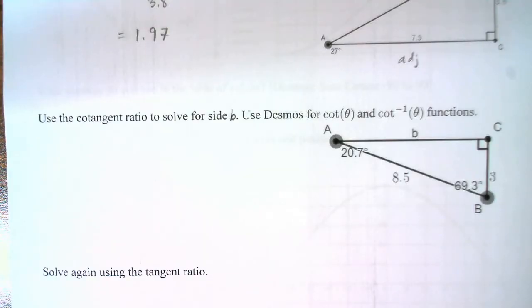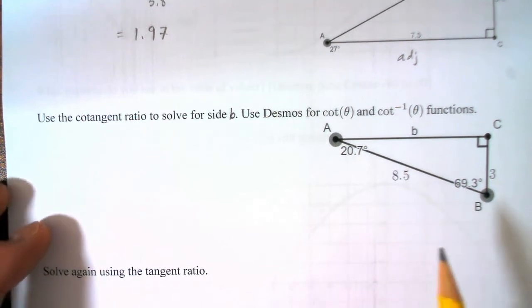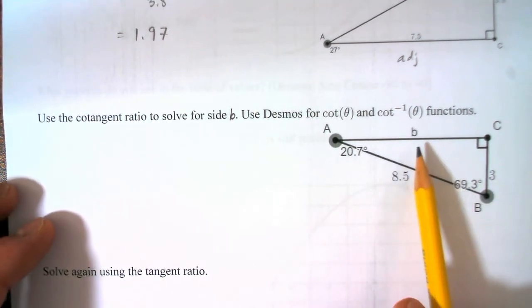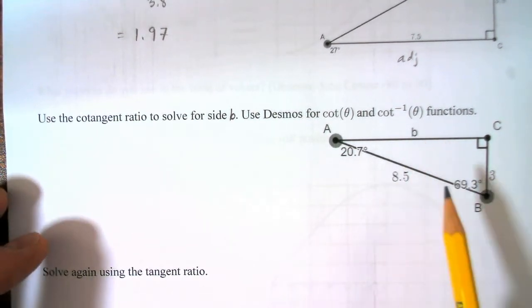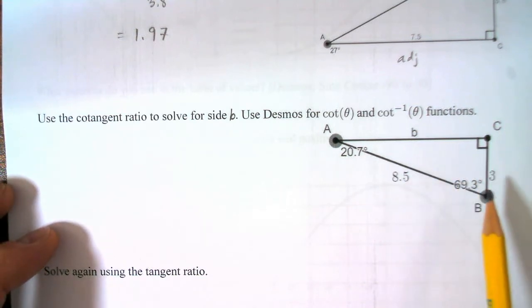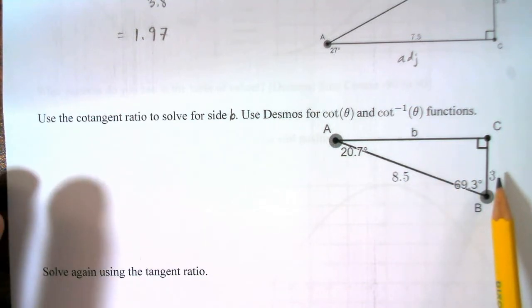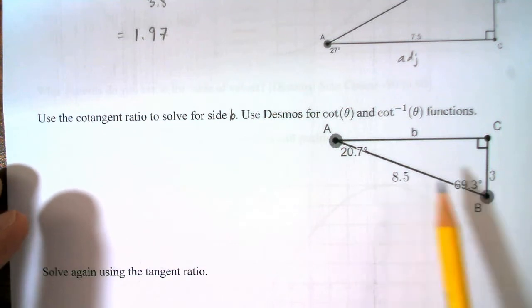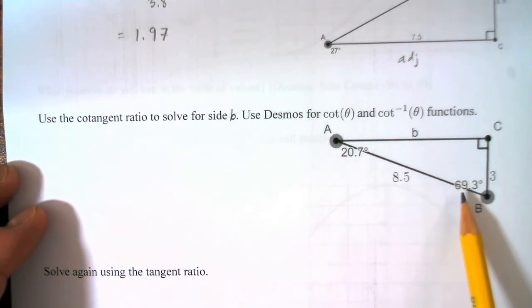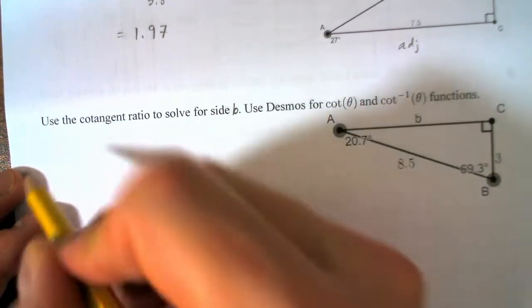We're going to use the cotangent ratio to solve for side B, and we're going to use Desmos to calculate the cotangent ratios. So if we're solving for B, and we're going to use this 3 side as well, we can use the angle of 69.3.